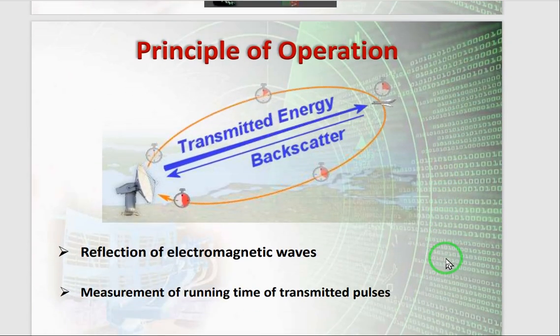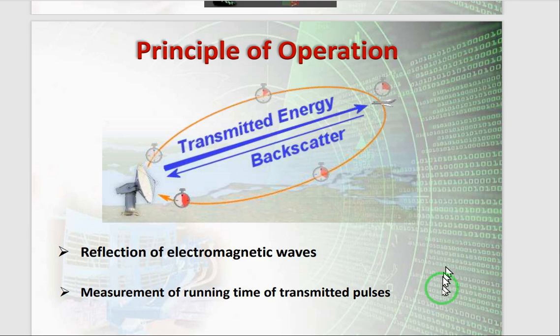Okay, what is basically the principle of operation? The principle of operation for radar is to transmit a radio frequency and receive the echo of that frequency in a specific time, by which it identifies the range or the distance of the object from the specific source.